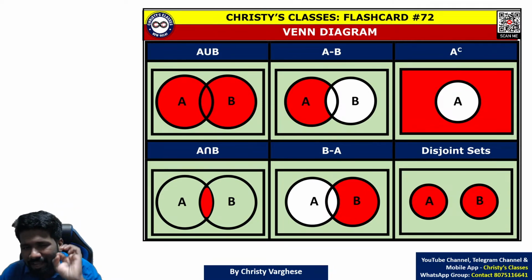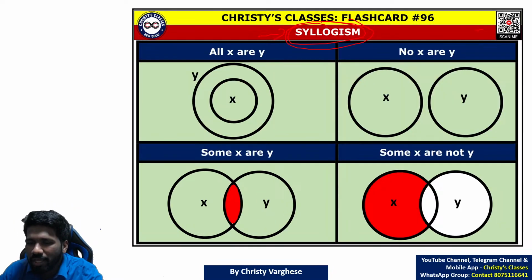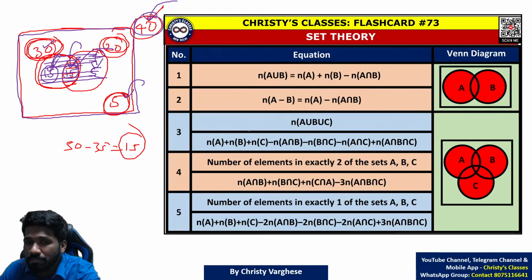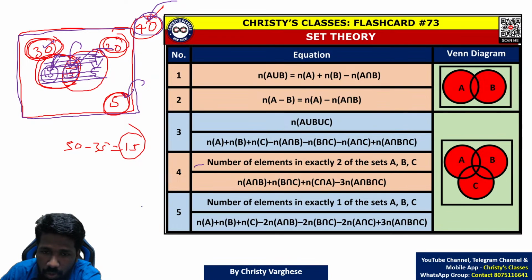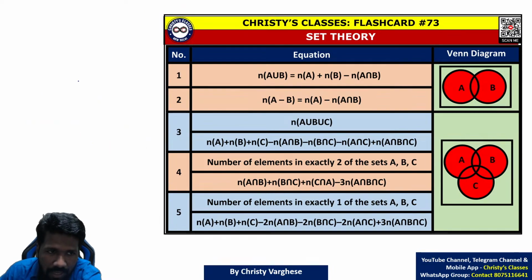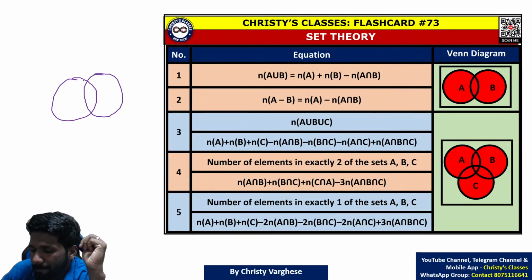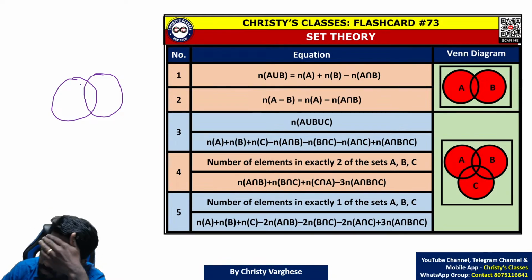Now I will explain a little bit more about the union or inclusion and exclusion principle. Those of you who have doubt about Venn diagram, look at this carefully. I will denote another example. The number of people who like cricket, the number of people who like football.